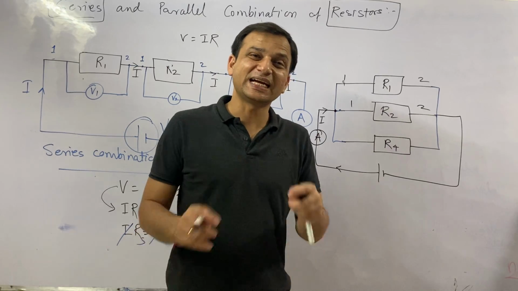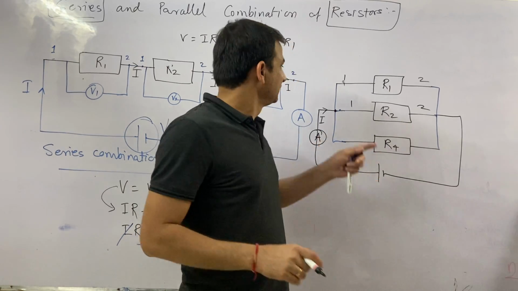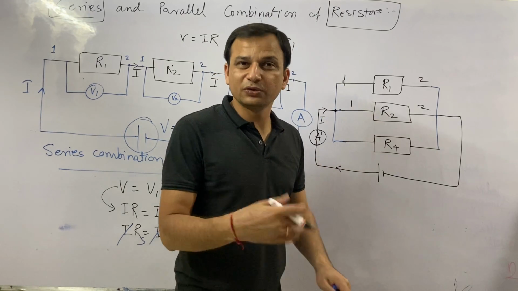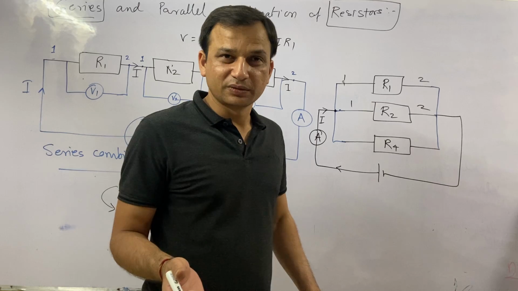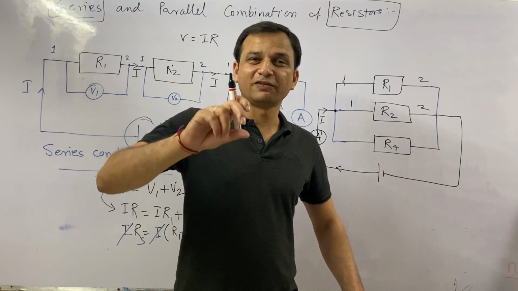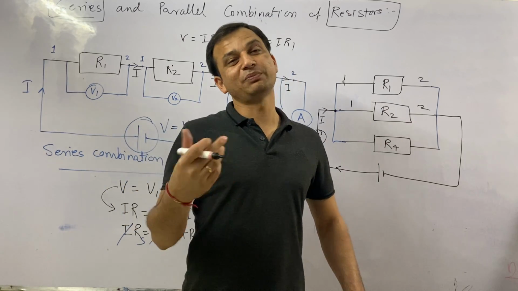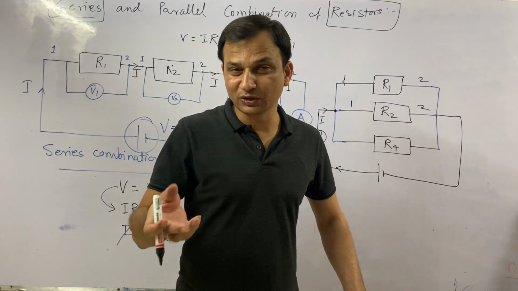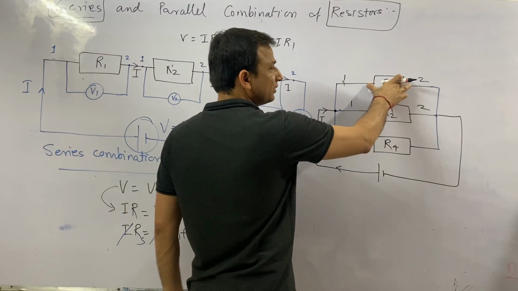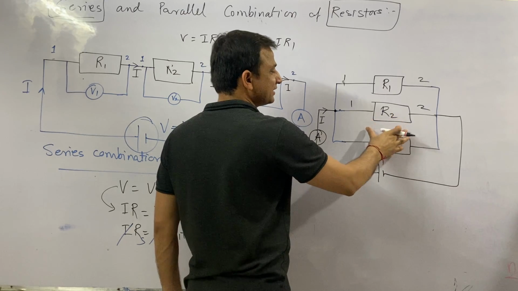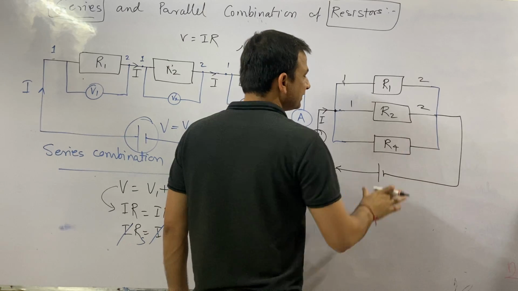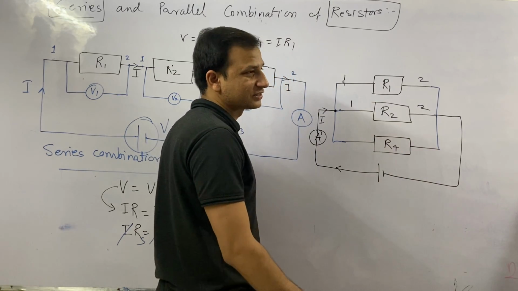But it's not necessary that all the 3 pipes connected here, here and here, may be using the water, because one pipe may have its tap open, another pipe may have its tap closed. So similarly, tap could be related with the resistors. So depending on the resistance of the resistor, the current will get distributed.